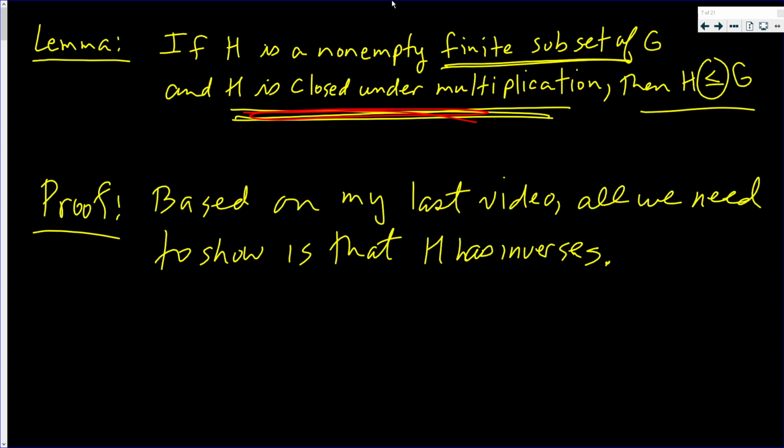Okay, so like I said, we have to show inverses for each element A in the group.